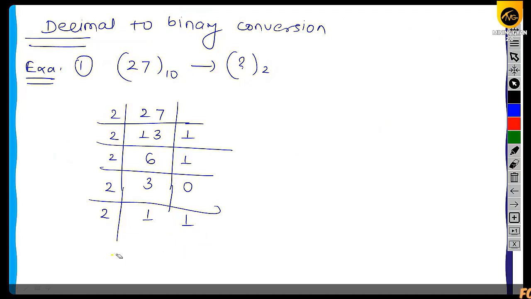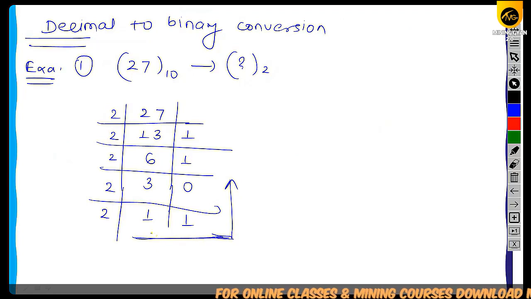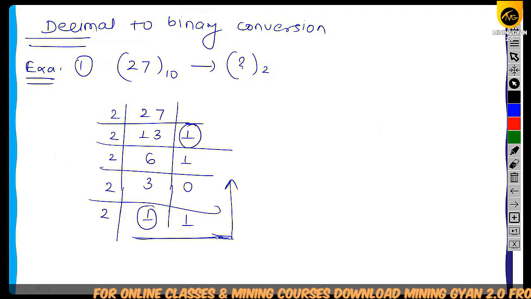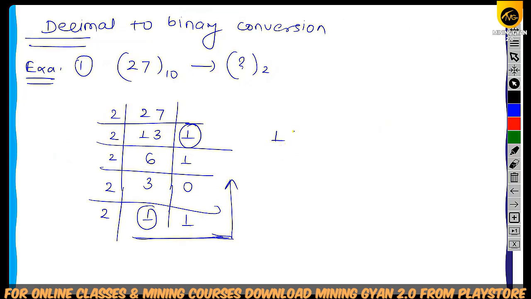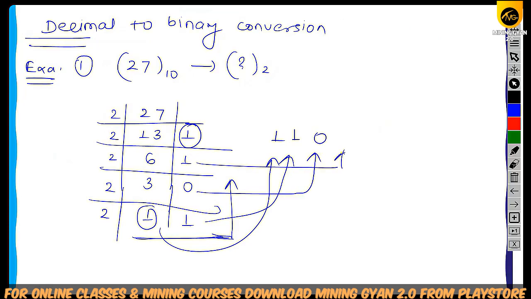Now what will be the answer? I always write down these binary numbers in this order. The first number will be 1 and the last number will be 1. So the answer will be 1, the next number is 1, the next number will be 0, the next number will be 1, and the last number will be 1.